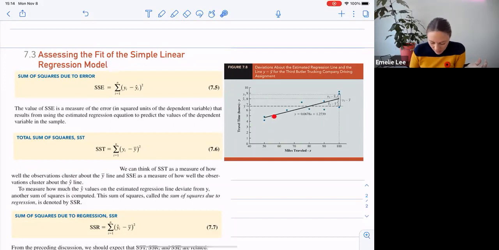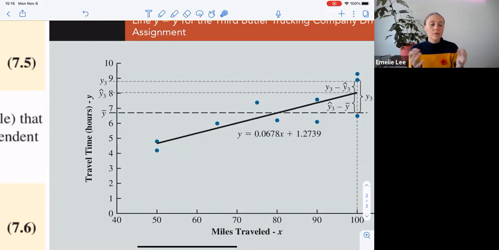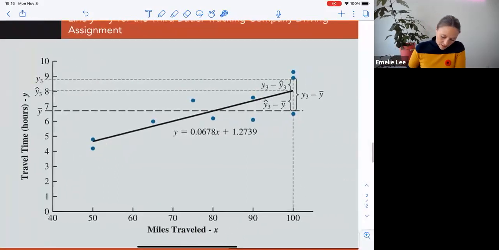And so here we have this example with some observations. I think we counted 10 observations last day. And it's predicting the travel time based off of how many miles were traveled. Seems reasonable enough, right? And so here we've got our least squares regression line, and we've got our observed values.